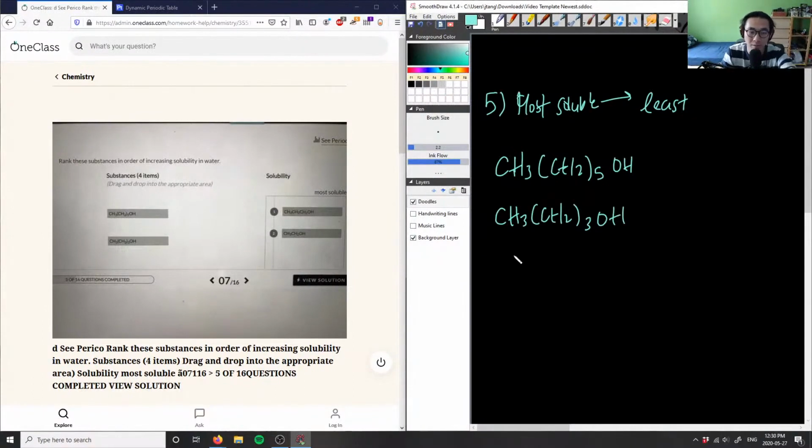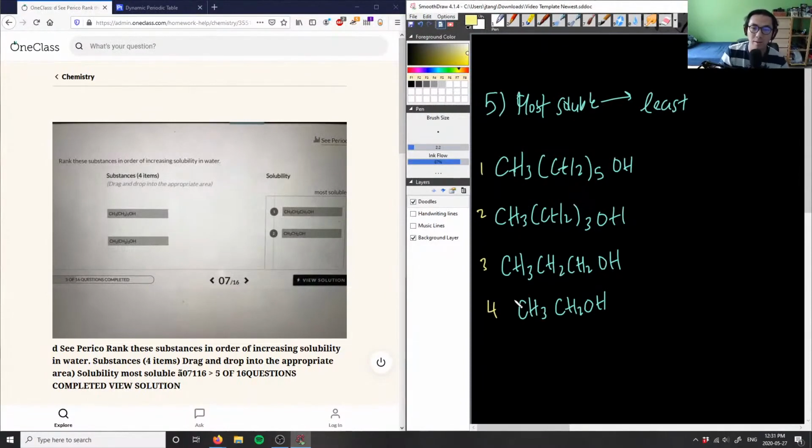And then I'm going to look at the right side here. I have CH3, CH2, CH2, OH. And then finally a CH3, CH2, OH. Which one is the most soluble to the least soluble? I'm going to rank these guys here, so let me give them numberings: 1, 2, 3, and 4.